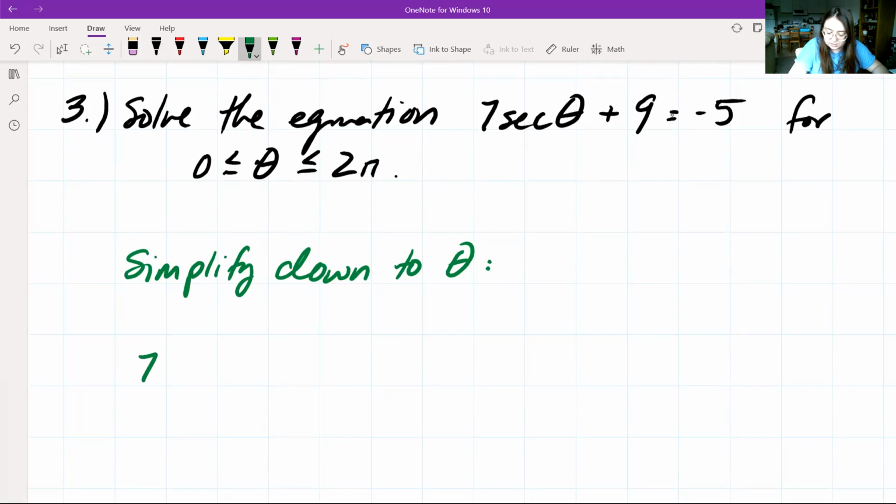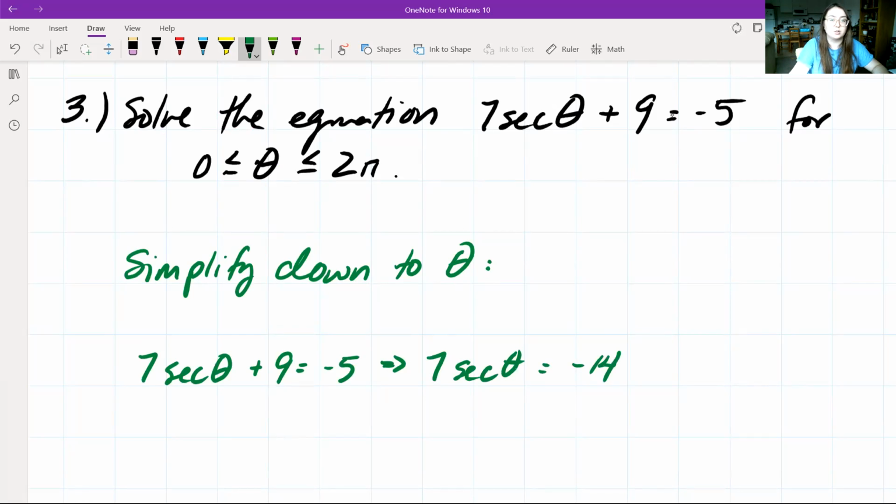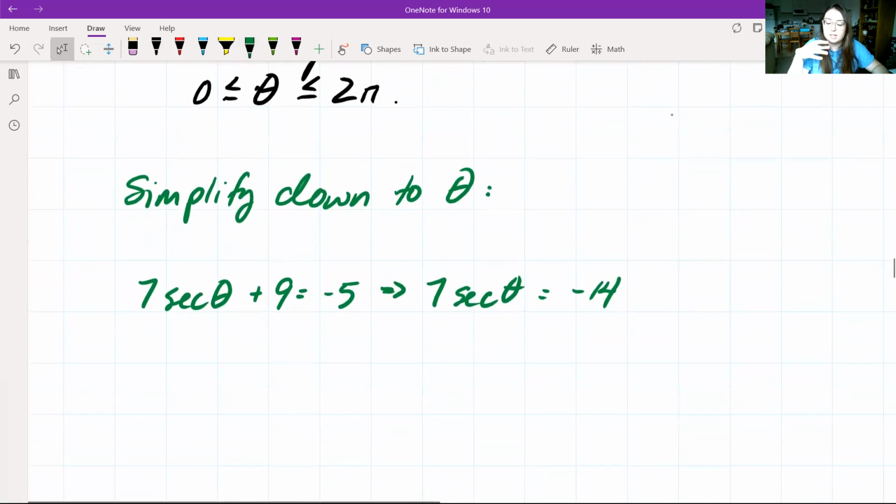So if we have 7 secant theta plus 9 is equal to negative 5, let's go ahead and subtract 9 from both sides. This gives us 7 secant theta is equal to negative 14. Then we can divide by 7 on each side. When we do that, we end up getting secant theta is equal to negative 2.